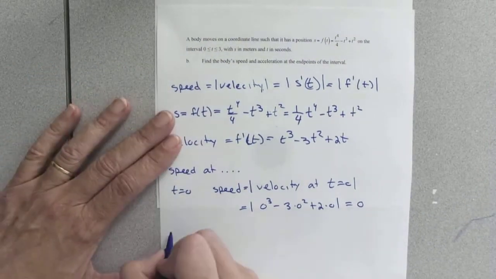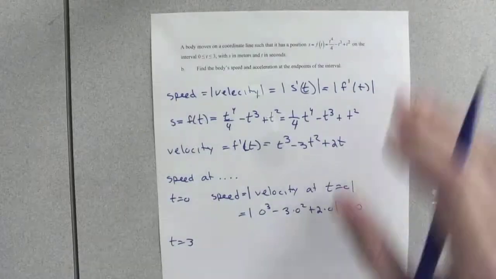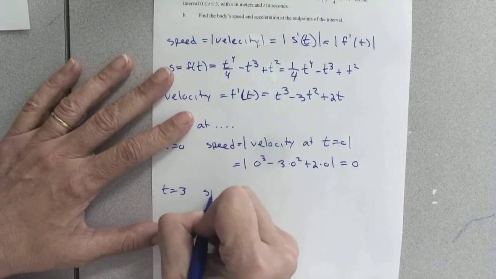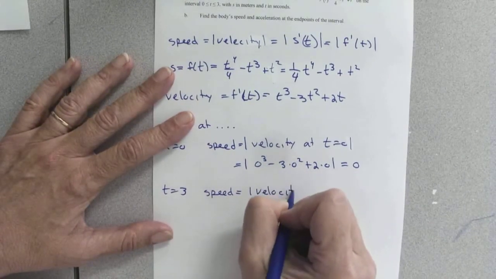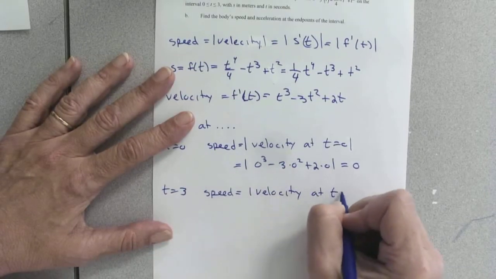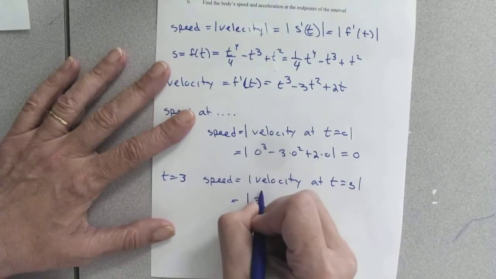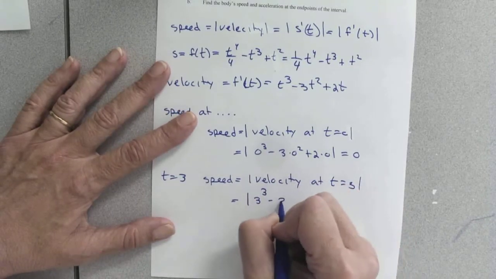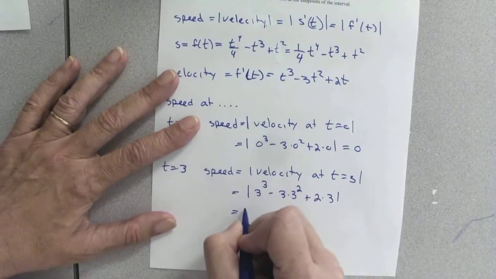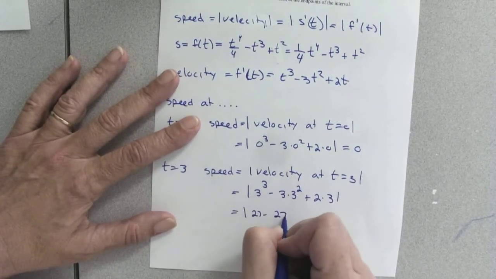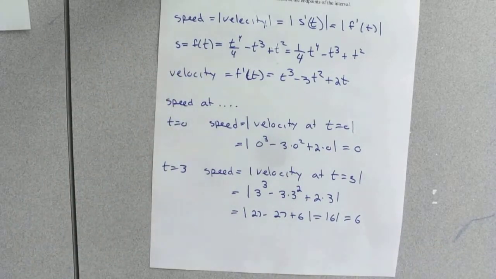And my speed at t equals 3 is going to be the absolute value of my velocity at t equals 3, which would be the absolute value of 3 cubed minus 3 times 3 squared plus 2 times 3, which would be 27 minus 27 plus 6, absolute value of 6, which happens to be 6.